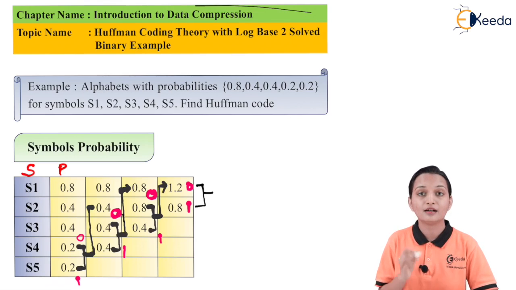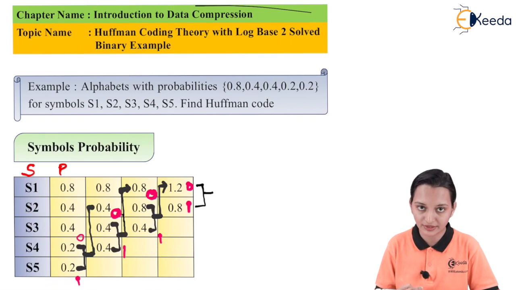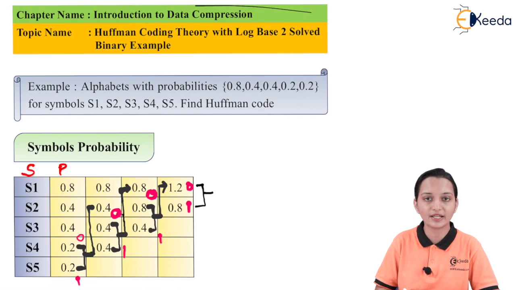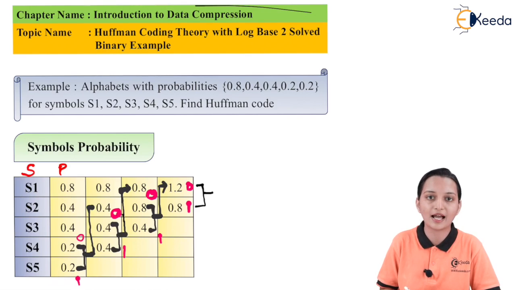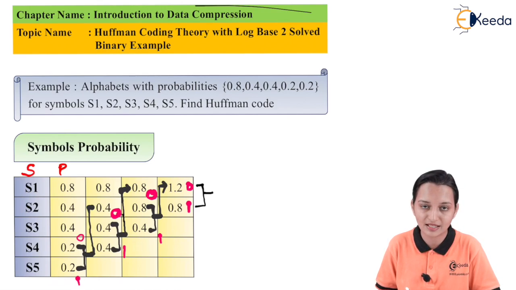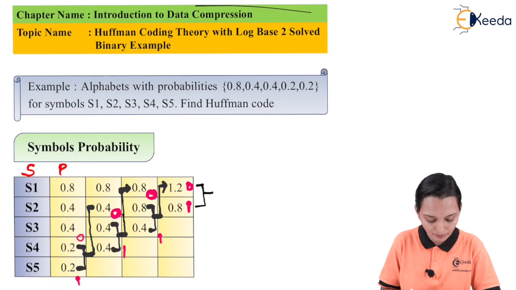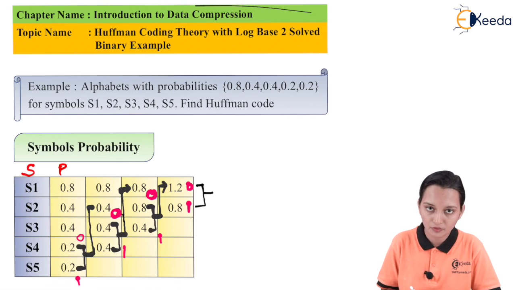Next step is assign 0 and 1 for the lowest probability symbols. As the given probabilities are already in descending order, the last two probabilities are the lowest, and hence assign them as 0 and 1. Hence for S4 I assign 0, for S5 I assign 1.